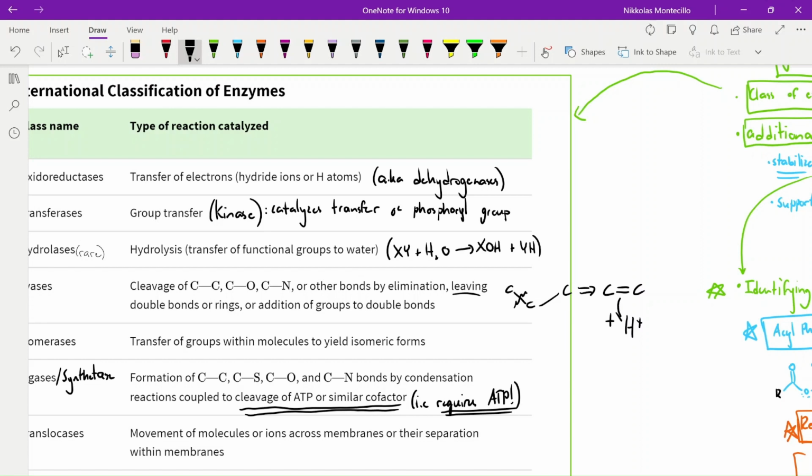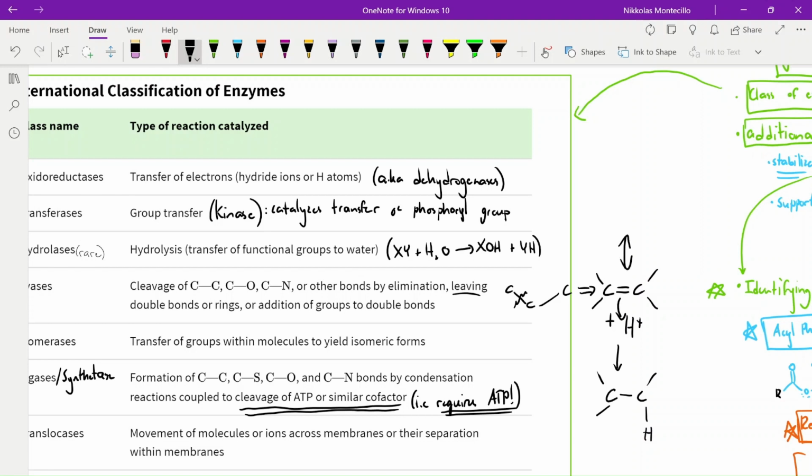to form, say for example, a proton transfer, which would get us some sort of functional group. Essentially what happens here is that the double bond attracts electrophiles.